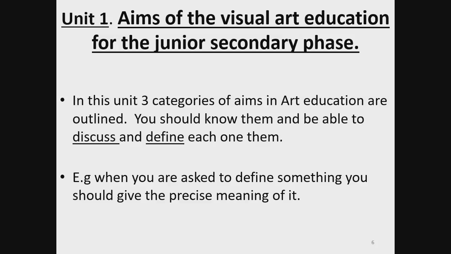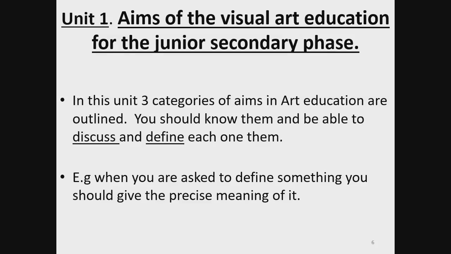You should know them and be able to discuss and define each of them. For example, when you are asked to define something, you should give the precise meaning of it.